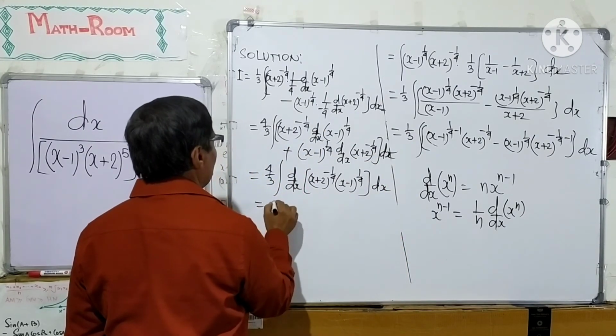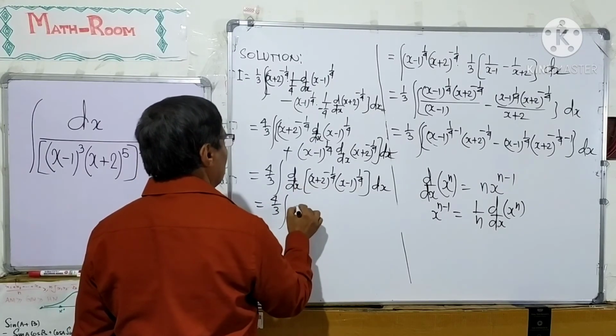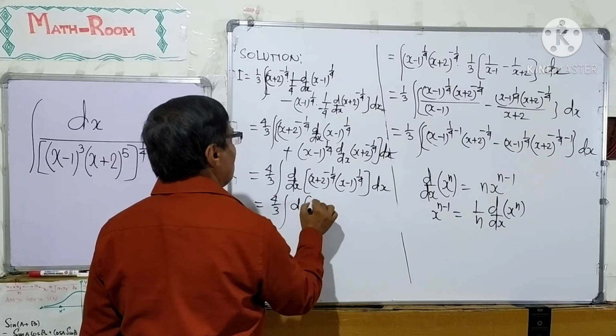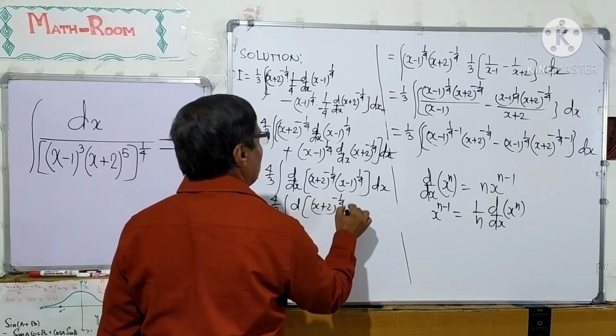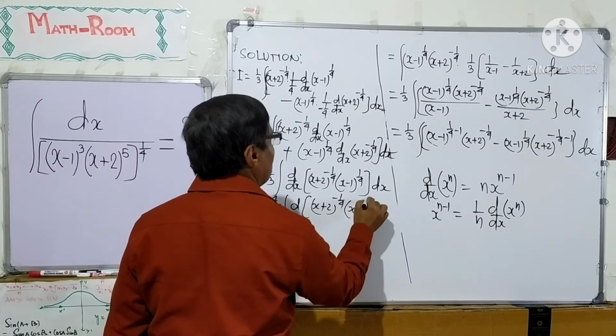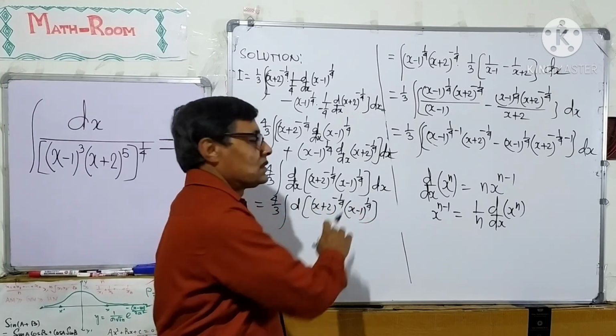This can be written as 4 over 3 differential of (x plus 2) to the power minus 1 over 4 times (x minus 1) to the power 1 over 4. This is the differential of a function.